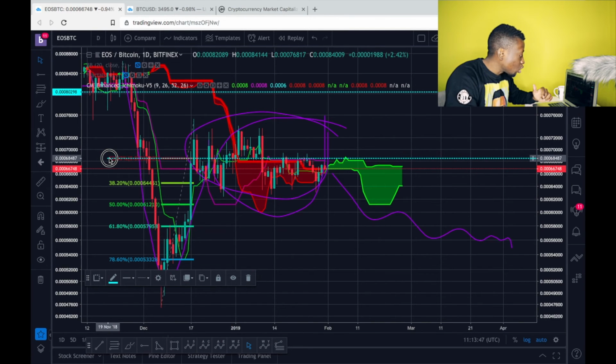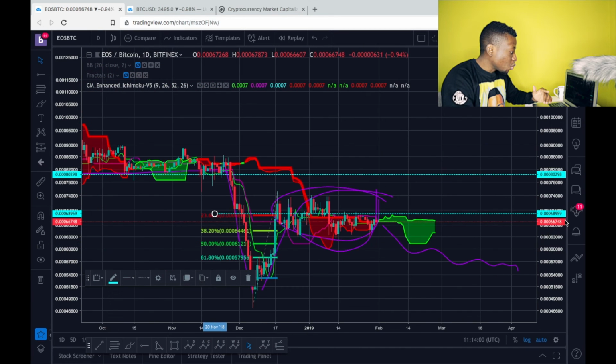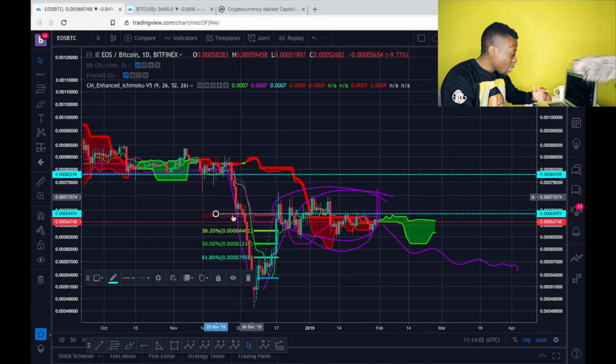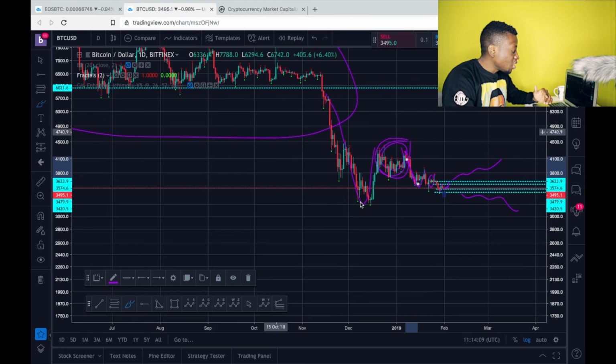So anything which goes slightly above 0.00069 BTC, I'm going to be looking for shorting opportunities, because we are going to end up making a lower low, which is going to crack this support level, just like the way BTC did.